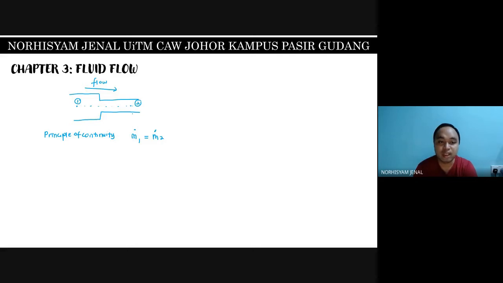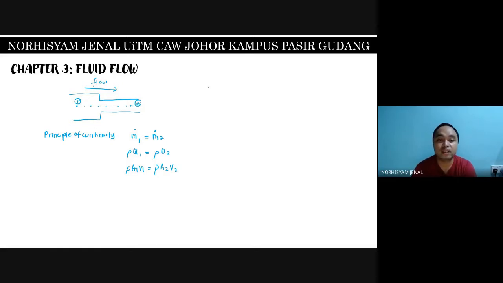So in this equation we can say rho Q1 is equal to rho Q2, or rho A1 V1 is equal to rho A2 V2.